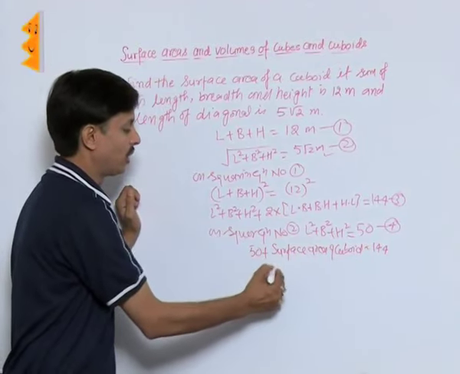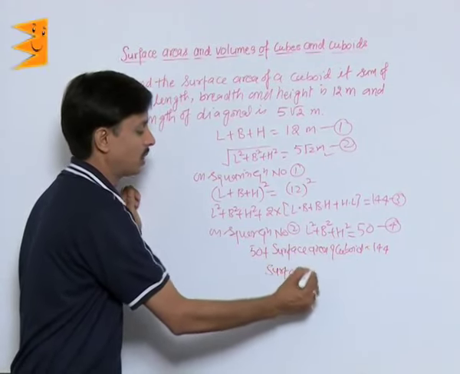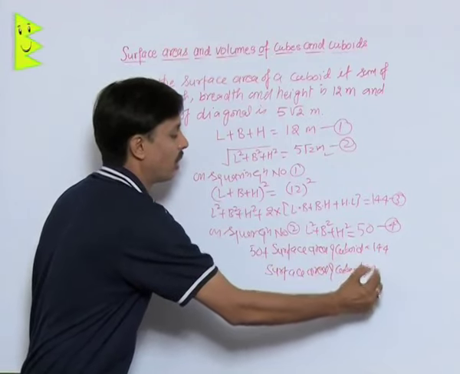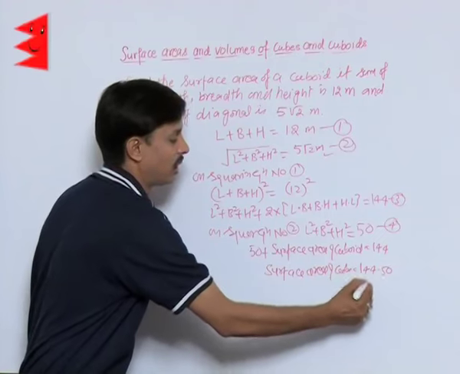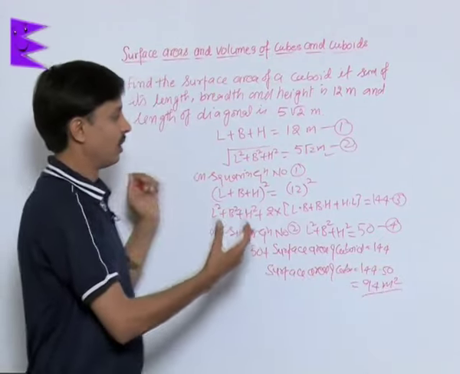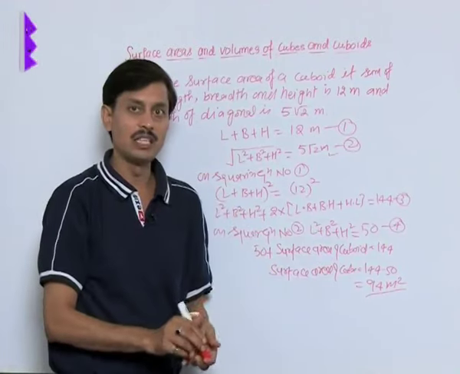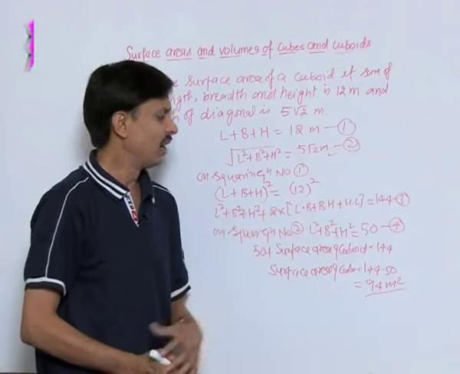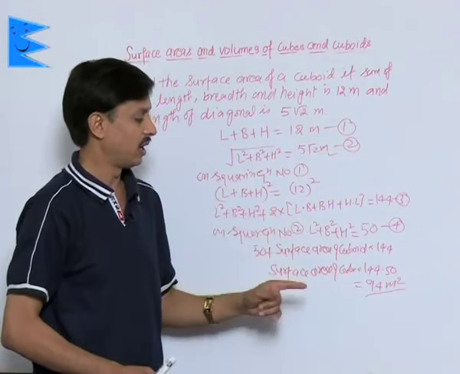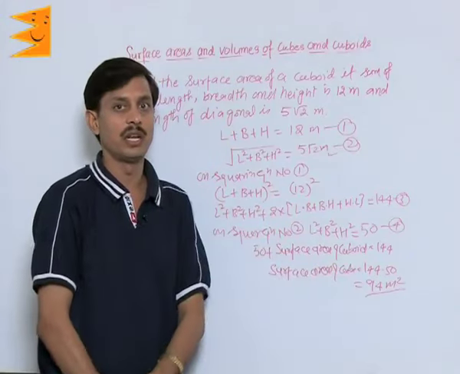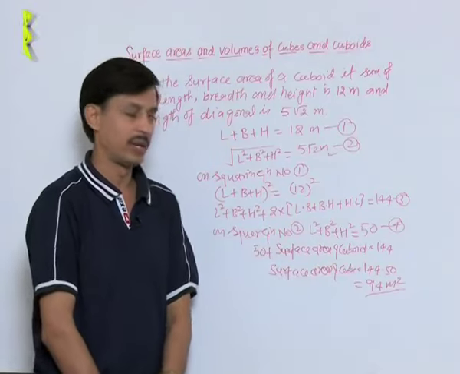Hence on solving this we will get that surface area of cuboid is 144 minus 50, that is 94 meter square. So a bit of the algebraic identity was required, a little bit of replacement, and directly we can calculate that the surface area of this cuboid is 94 meter square.